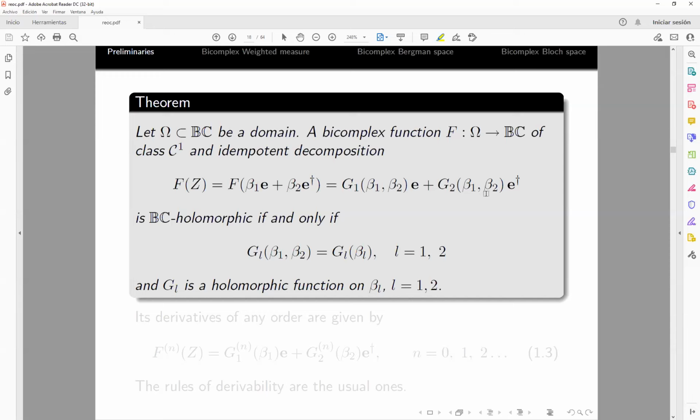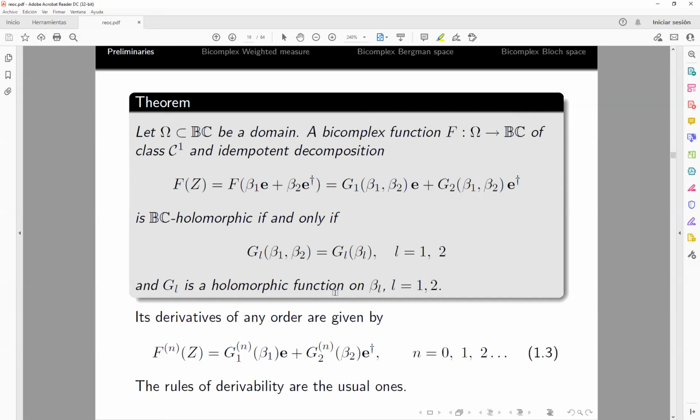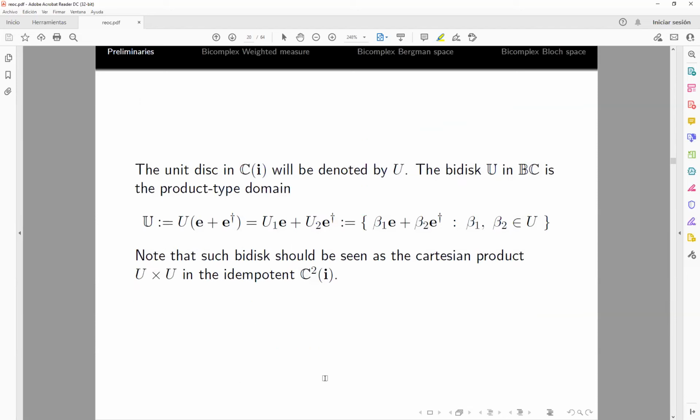This is really a powerful result about these bicomplex holomorphic functions. Its derivatives of any order are given only by taking successive derivatives of each component. Here you can see only variable beta 1, and here only variable beta 2. And the rules of derivability are the usual rules.